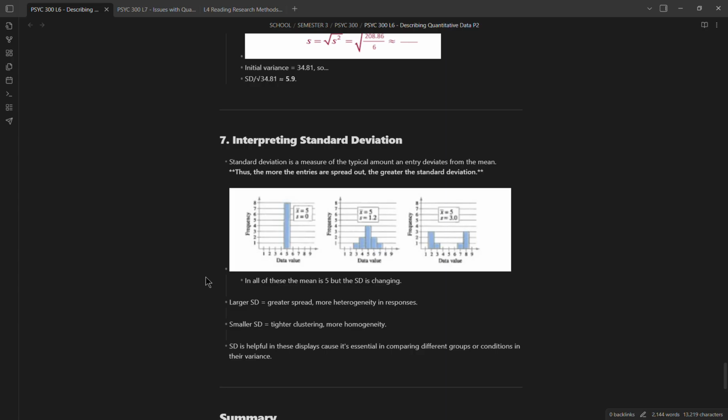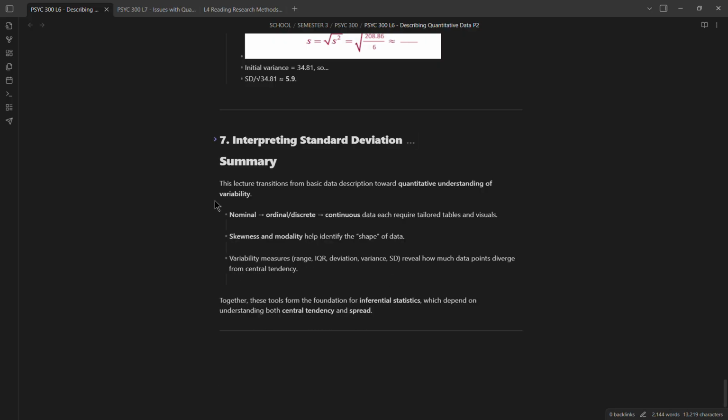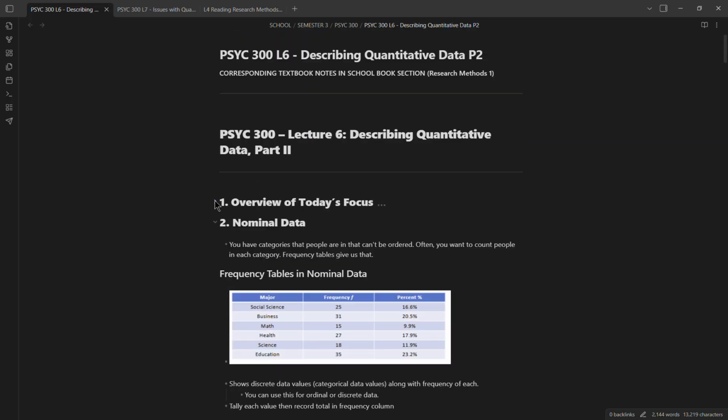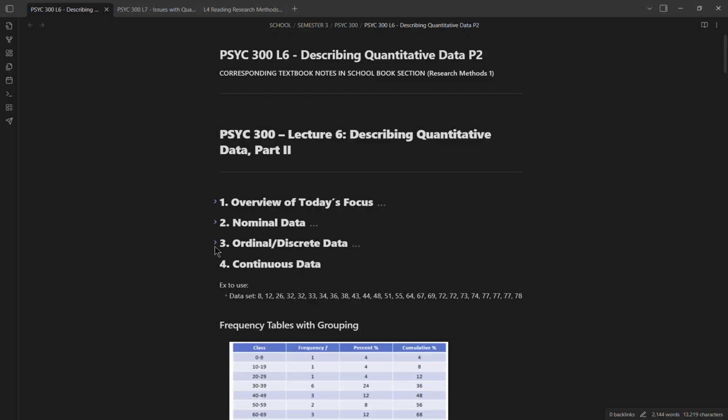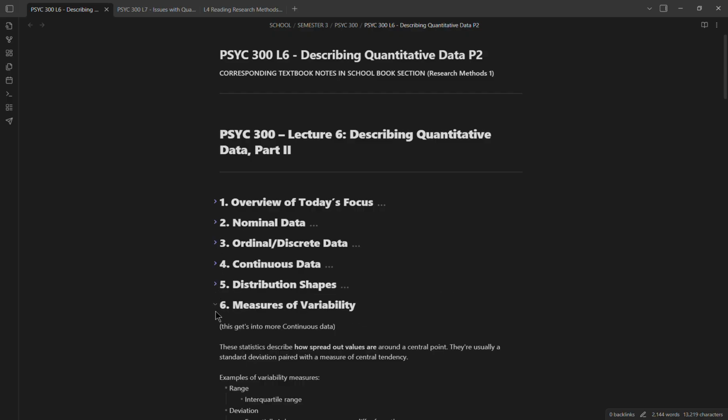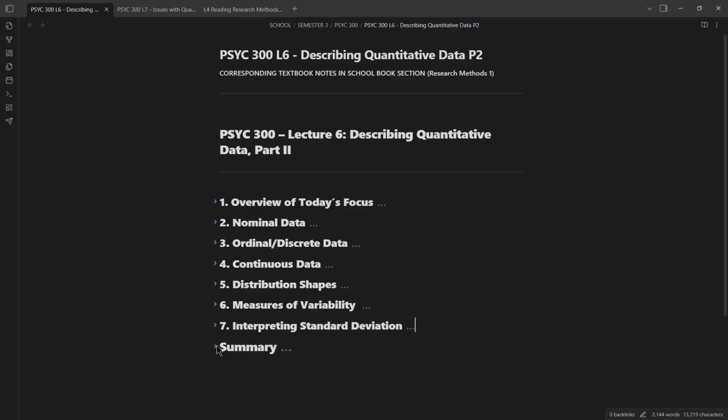By the way, the standard deviation is all right here, and if you wanted to look for the variance, it's all right here. But yeah, a larger standard deviation is a greater spread, more heterogeneity in responses, more differences. Smaller standard deviation, tighter clusters, more homogeneity. Standard deviation is essential in comparing different groups or conditions in their variance.